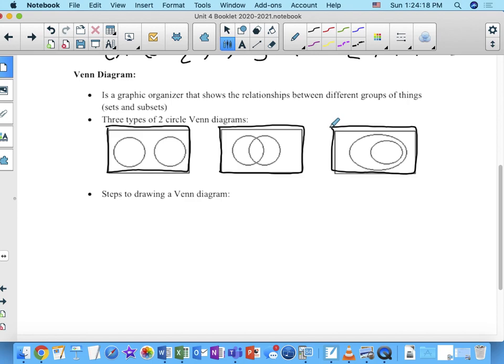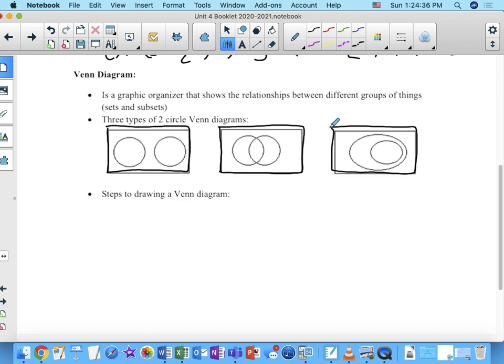And then when you have two subsets within a universal set, you can have one of three things happen. One, the two subsets are disjoint, meaning that they have no common elements.